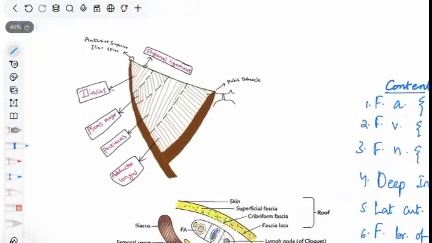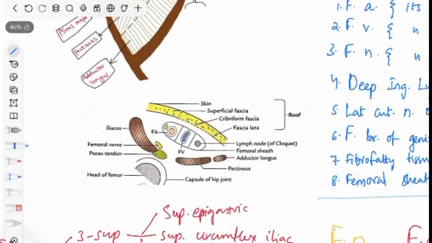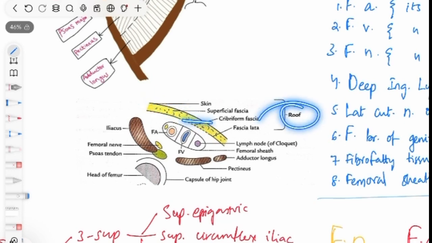You can see that in this diagram. This is the roof, this is the fascia lata, this is the cribriform fascia, this is the superficial fascia, and this is the skin. So this forms the roof.